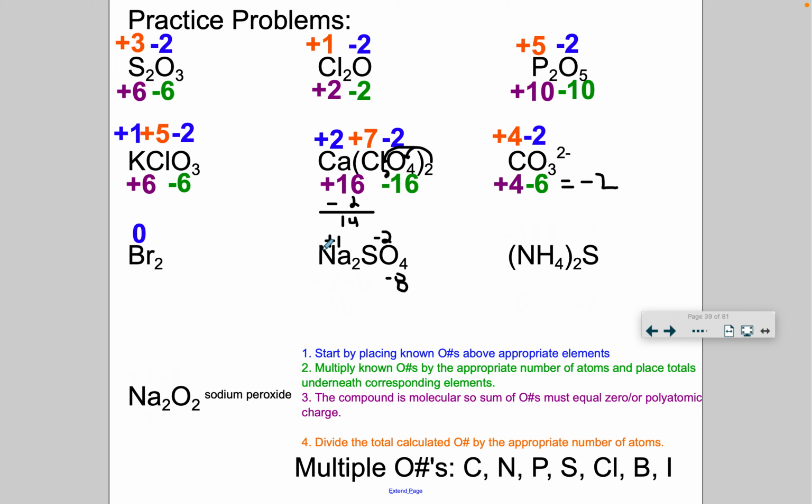Okay, but I have 2 of them for a plus 2, which leaves me with sulfur. So, what does sulfur have to be to get to 0? 2 plus x minus 8 equals 0. Well, that means sulfur here has to be plus 6, right? So your answer would be plus 1, comma, plus 6, comma, minus 2.